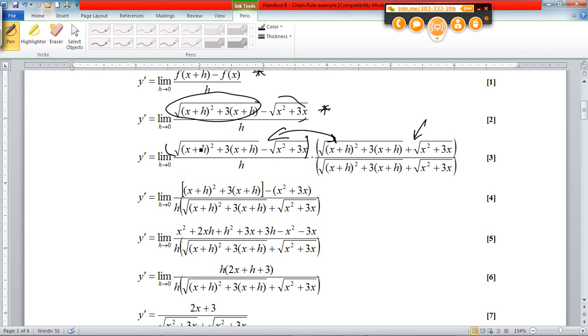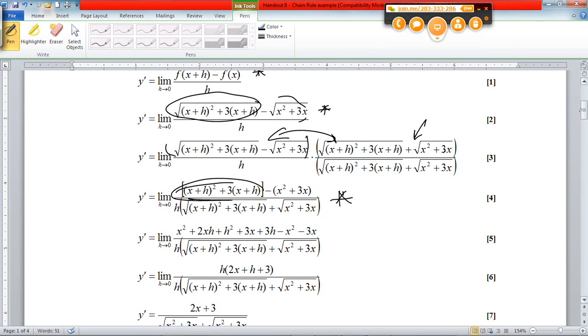Well, the square root times this square root. Don't I wind up with this? The first square roots multiplied together. The second square roots multiplied together. Wind up with this. And then, of course, the bottom, I just leave it as h times the square root plus the square root. Okay? All right, on step 4. Line 4. With me, any questions so far?